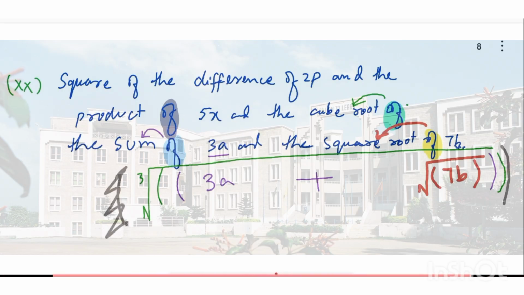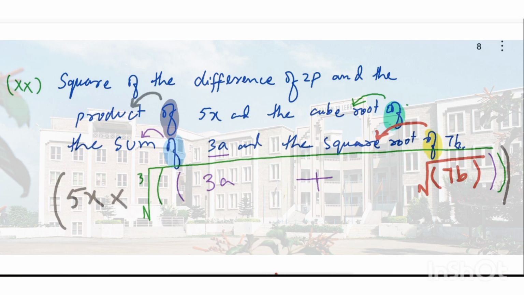We'll be putting "of" and then 5x and the cube root. So we are putting 5x here, and before "of" there is the word "product", so we'll be putting a multiply sign between them. Now this we have done.